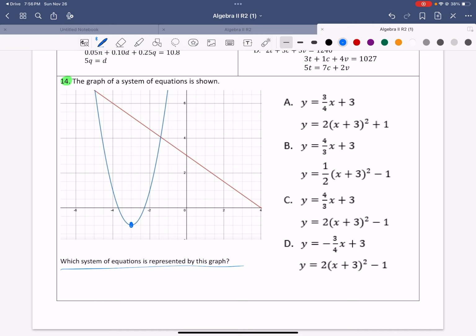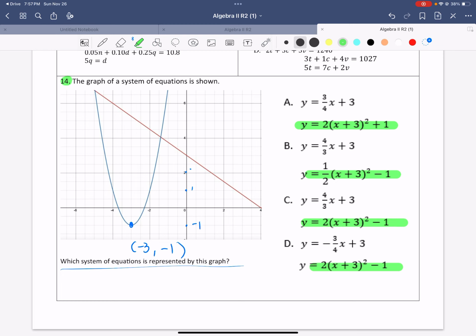First, find the vertex. This one is at -3, comma, and this one is going to be about -1 because this one is 1, this one is 2. So the 2 line is going to be 1. So which one has -3, comma, -1 in the vertex form?